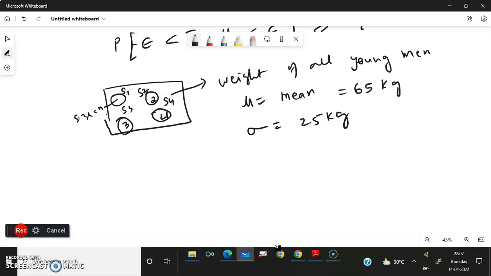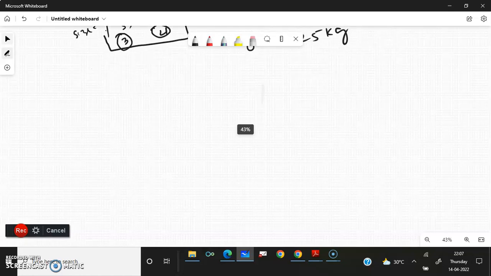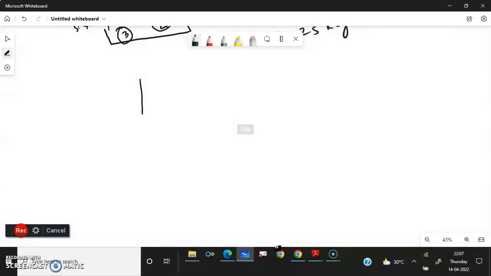What we are going to take in the graph is the plot of the value of x bar. We are going to plot the value of x bar along the vertical axis, and the size of the sample on the horizontal axis. We are going to plot the graph like this.